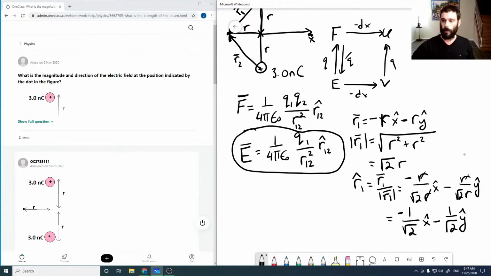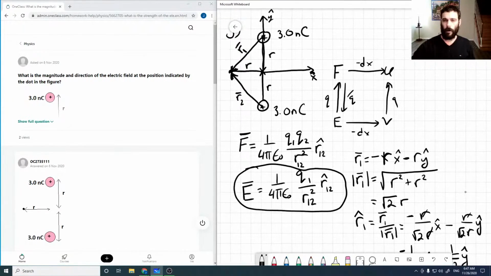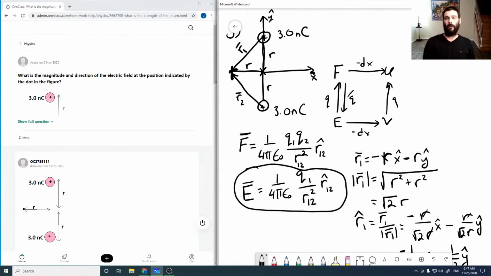And now we can see that our R2 vector, which goes from this charge to here, is minus R in the X hat and plus R in the Y hat.